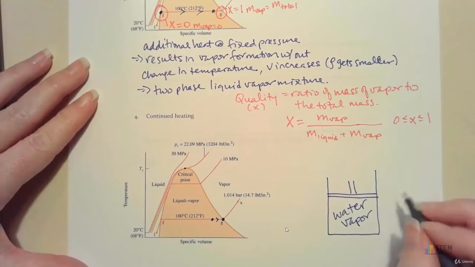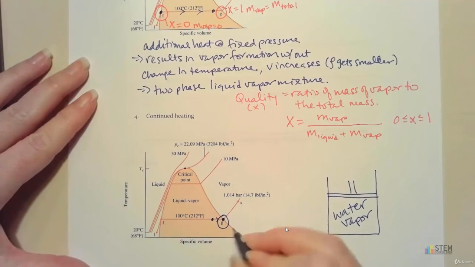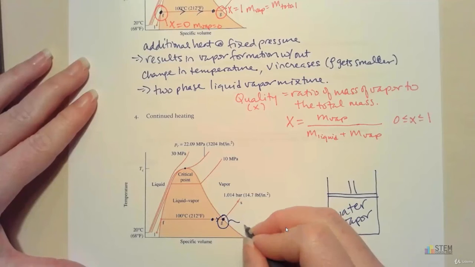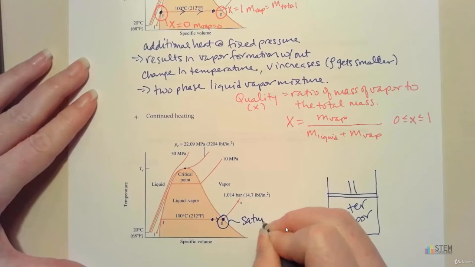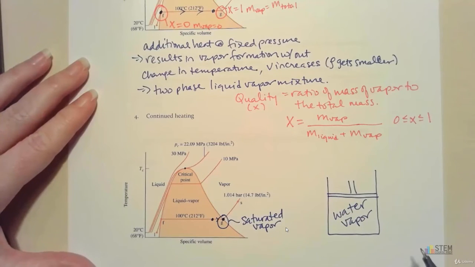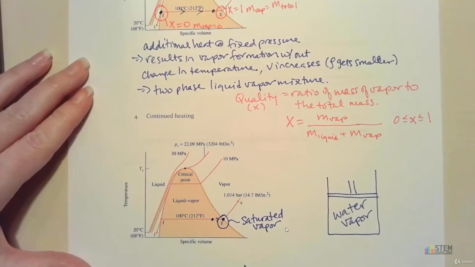Now, since we're at the edge of this dome, this is where we've got saturated vapor. That's because phase change here is beginning or ending. If you removed heat, you would start condensation. You would start returning back to liquid water.